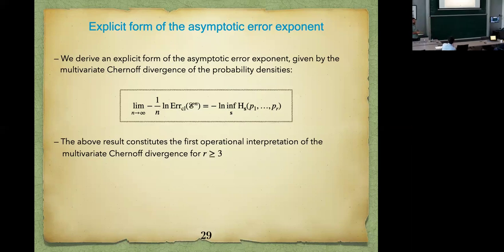As in the example we saw, the optimal error exponent can be strictly greater than the pairwise maximum Chernoff divergence. This can also be seen by restricting to specific types of probability vectors: restricting to s_i, s_j adding to 1, and the rest equal to 0. So yeah, this is the classical result.